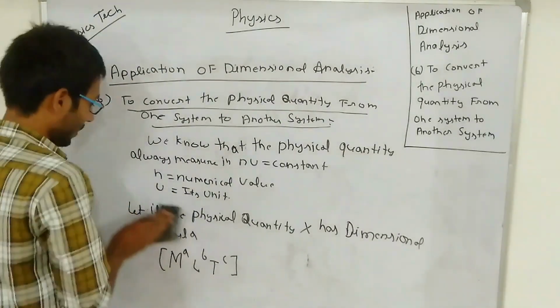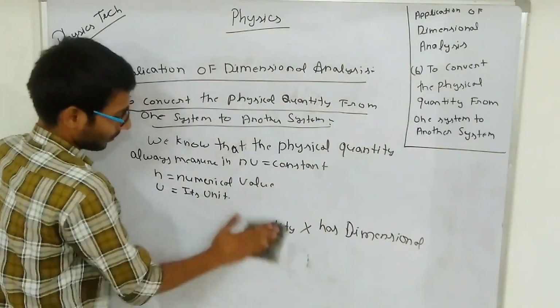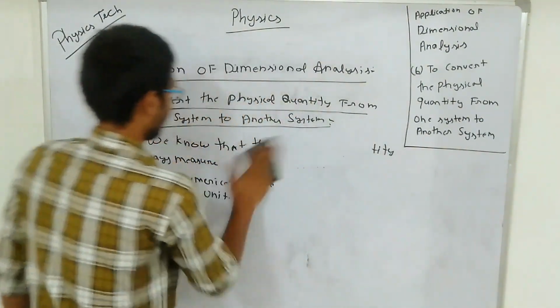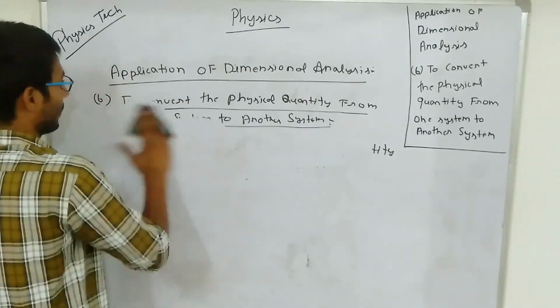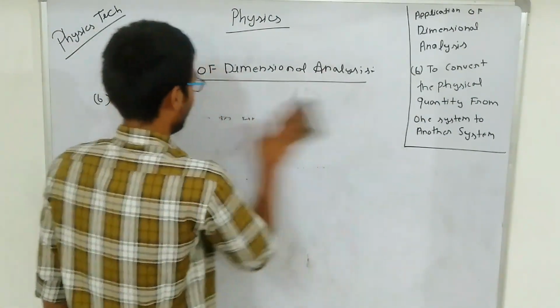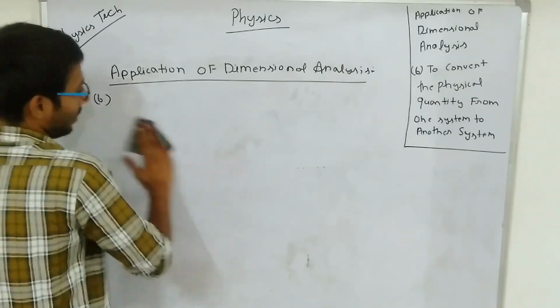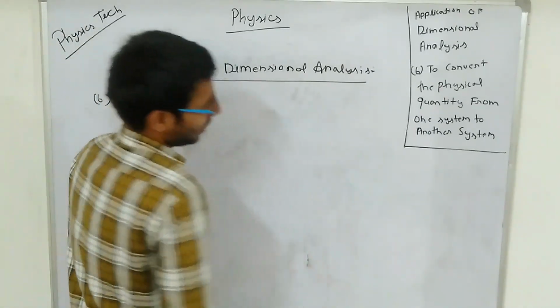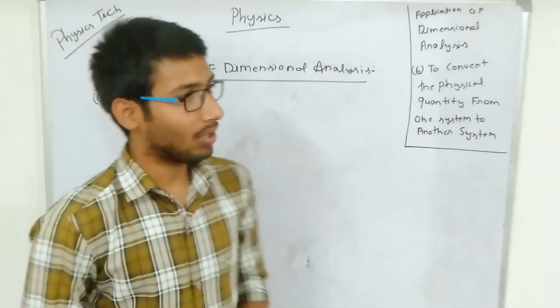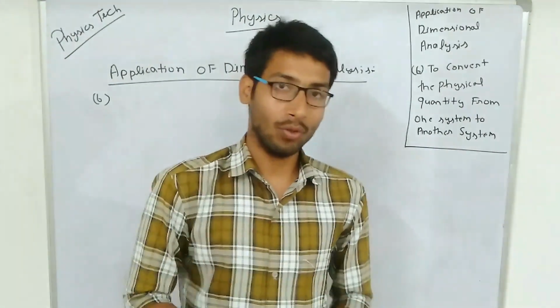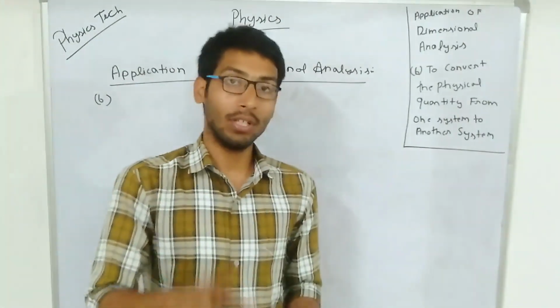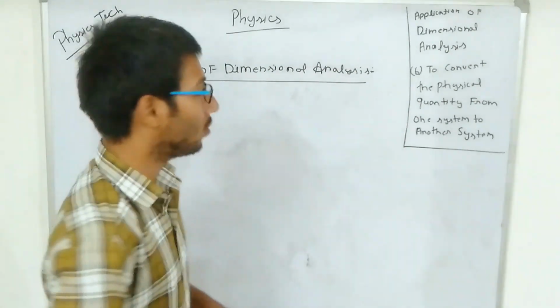Now, by the help of the physical quantity we find the derived unit, and the derived unit has a dimensional formula.